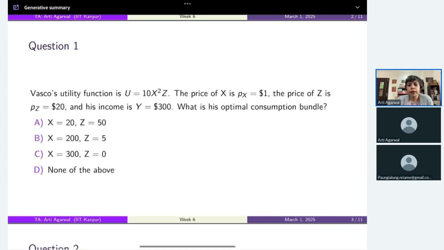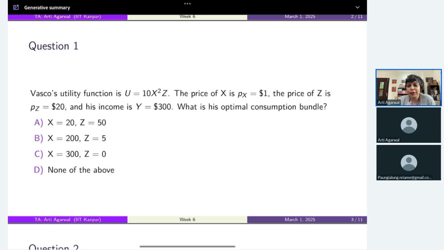So we take U as the function to maximize, and we write the Lagrangian using the budget constraint. Then we simplify, take partial derivatives with respect to X, Z, and lambda, if lambda is the Lagrange multiplier, and we use the relations we get from there to solve for X and Z.